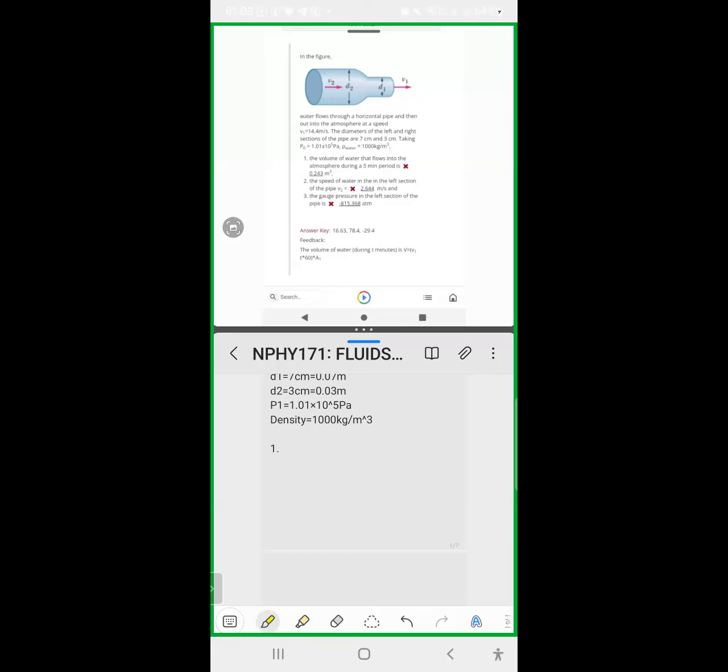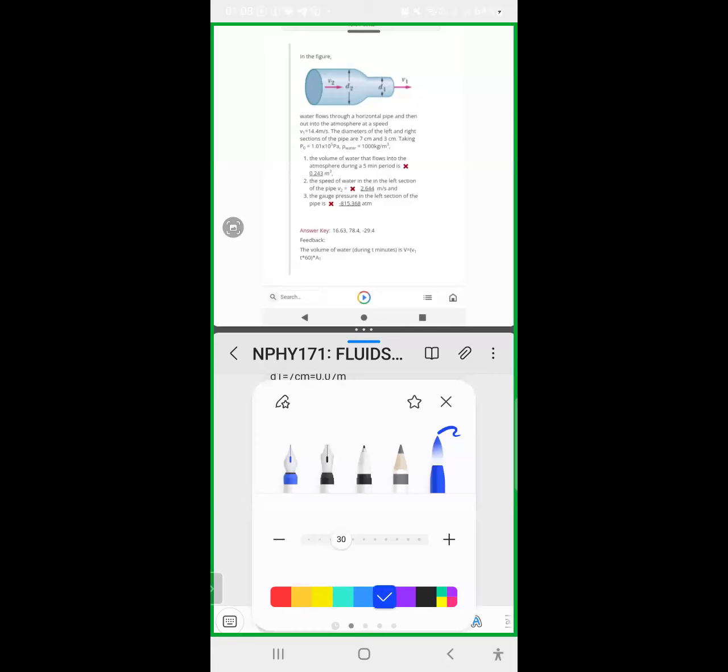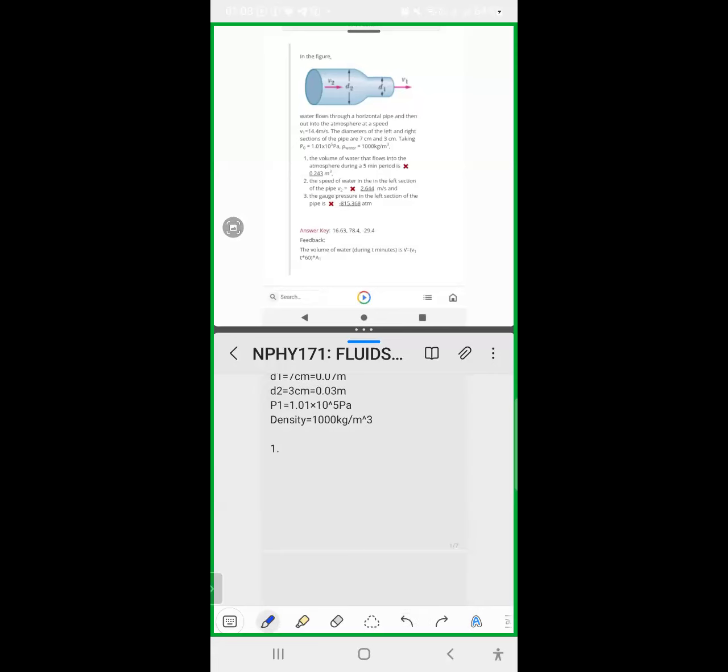So we're going to use the equation that the volume flow rate is equal to the cross-sectional area multiplied by the velocity V. We need to find the volume flow rate that flows into the atmosphere. When we look into the diagram, the water flows into the atmosphere at V1, where we have the diameter D1, at the opening.